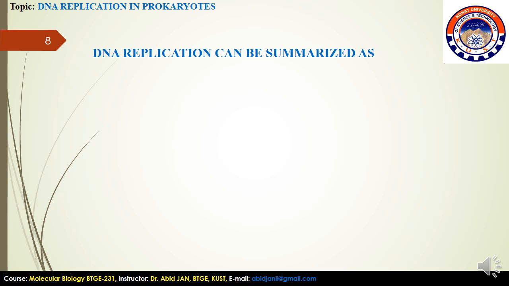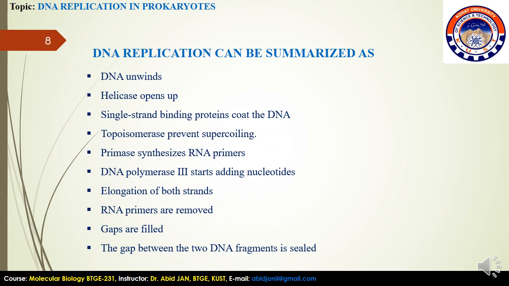The process of DNA replication can be summarized as follows. DNA unwinds at the origin of replication. Enzyme helicase opens up the DNA forming replication forks. These are extended bidirectionally.